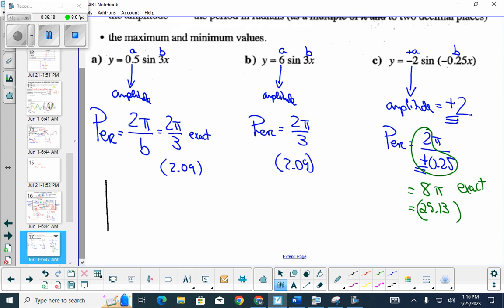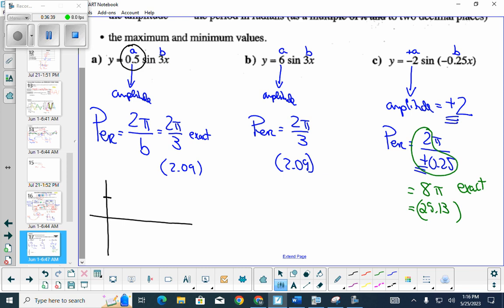Didn't ask for this, but I'm going to make you do it anyway. Okay. Draw for me in the air what sine looks like. Up, down, up, right? It's a wave. Okay? So, our amplitude is 0.5.